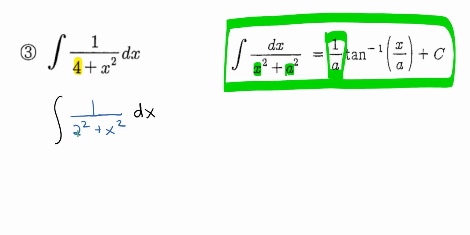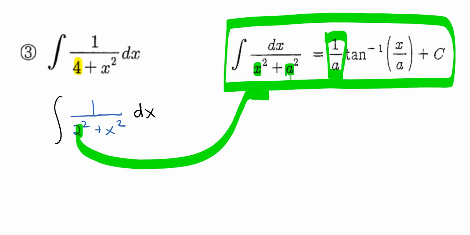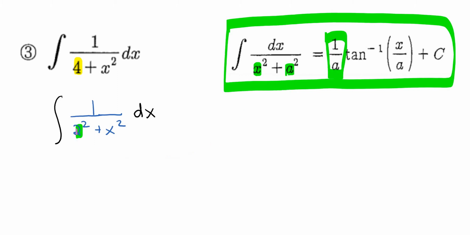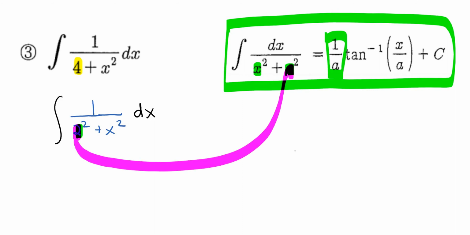And if I just highlight the 2 here, this 2 will now represent the a. Sorry, that didn't really come out very nicely here. This 2 here will represent that a. So my answer will be 1 over a, which is 1 over 2, inverse of tan, x over 2, and then plus c. And that's your final answer for that one.